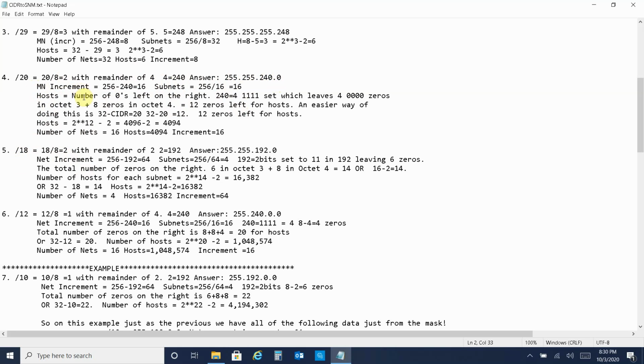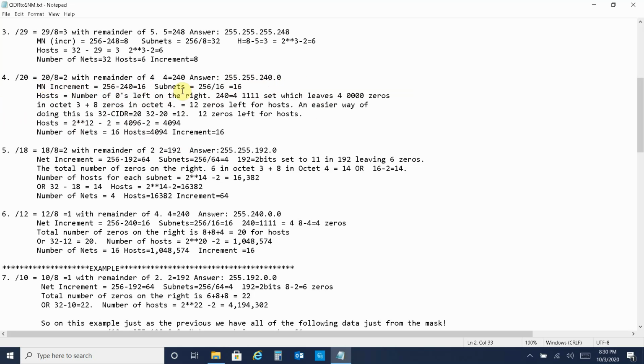And then your increment, all this from the subnet mask, by the way. 256 minus 240. The first one that's different, coming from left to right, that's not 255, it's either going to be one of these or it's going to be 0. So that's our active octet. So the increment is 256 minus 240. It is 16.